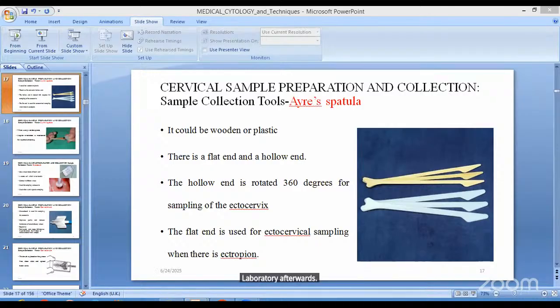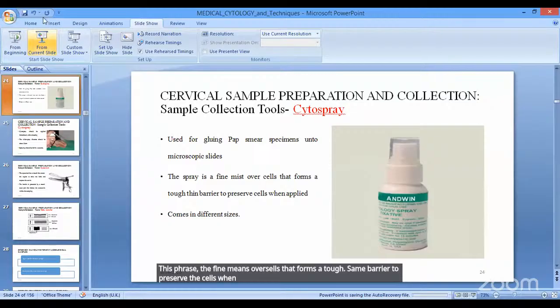The Cyto spray is another tool. It is used for fixing the pap smear specimen onto microscopic slides. The spray is a fine mist over cells that forms a tough protective barrier to preserve the cells when applied, and they come in different sizes.